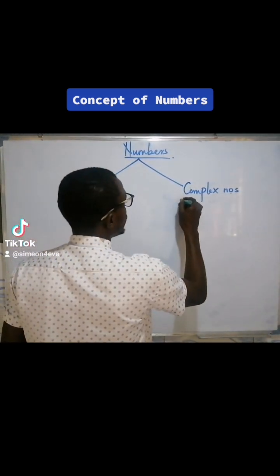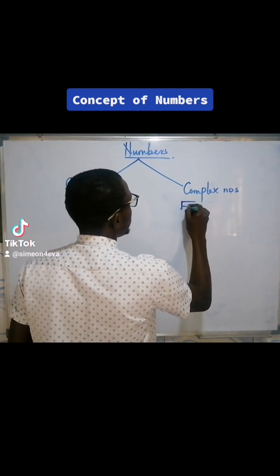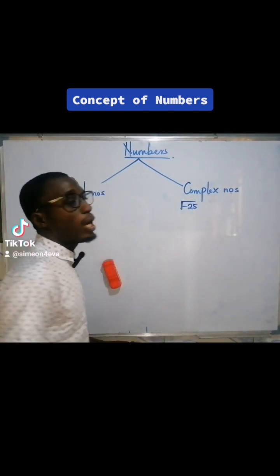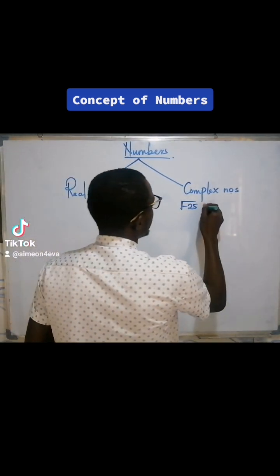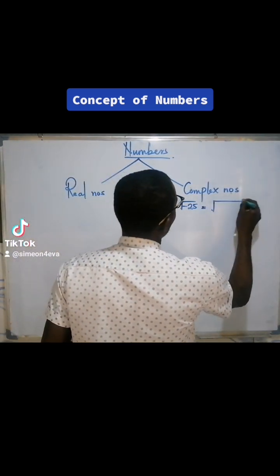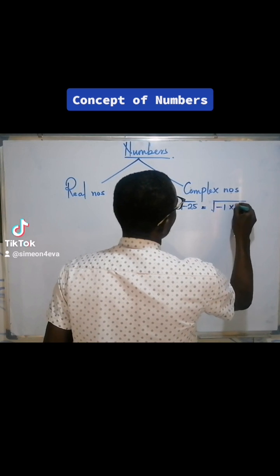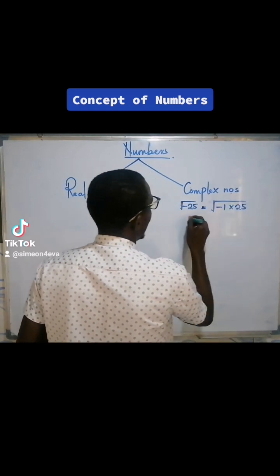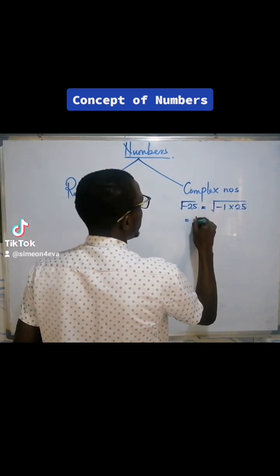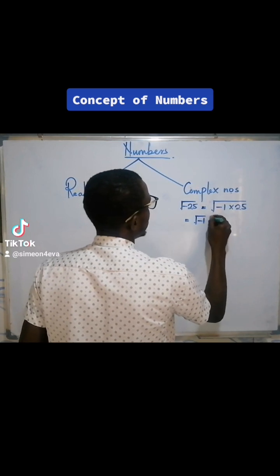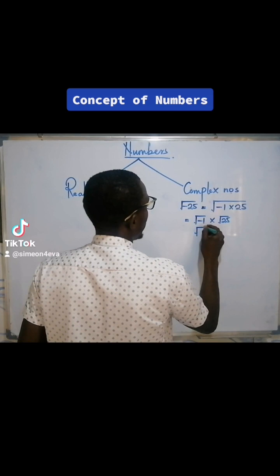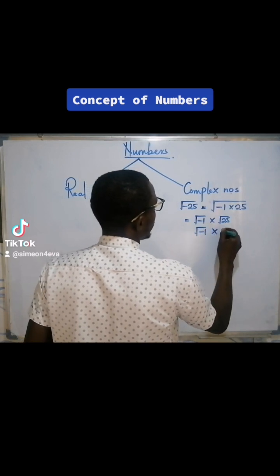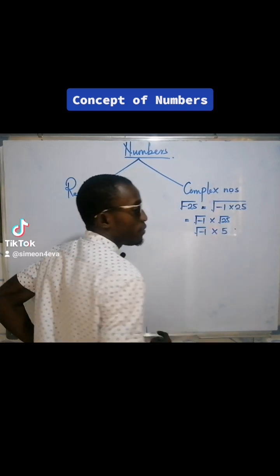For instance, if somebody should ask you to look at the square root of minus 25, if you use your calculator, you're going to get a math error. So how do we go about that? The square root of minus 25, you agree with me that minus 25 is minus 1 times 25. And if you want to separate this, you have the square root of minus 1 times the square root of 25. The square root of minus 1 still remains, times the square root of 25, which is 5.